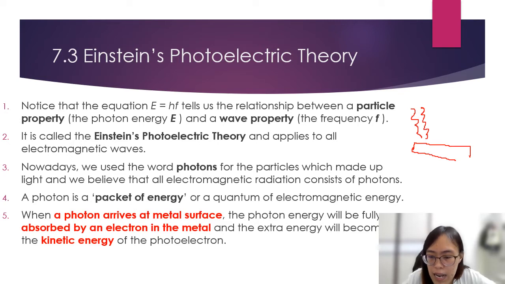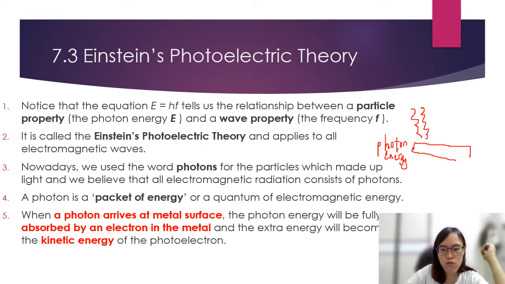The metal surface is irradiated by light, and the light transfers photon energy to the metal. The photon energy is E equals hf. We also know the metal has what we call the threshold frequency.